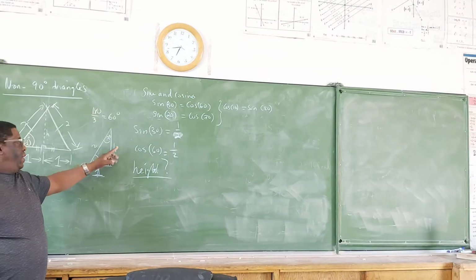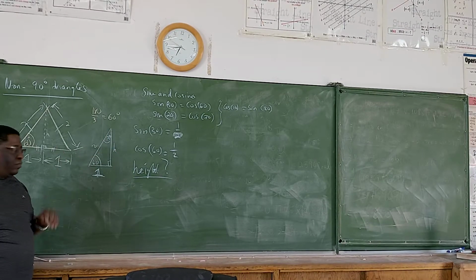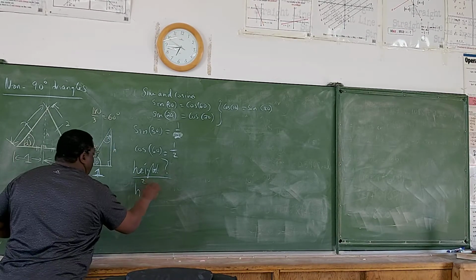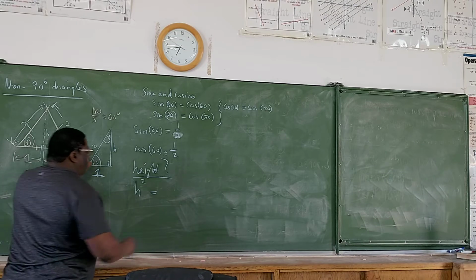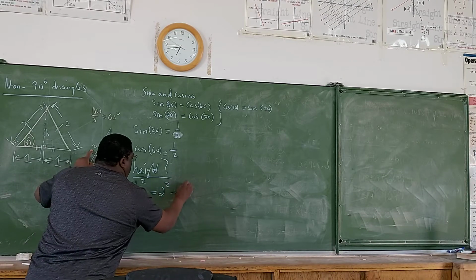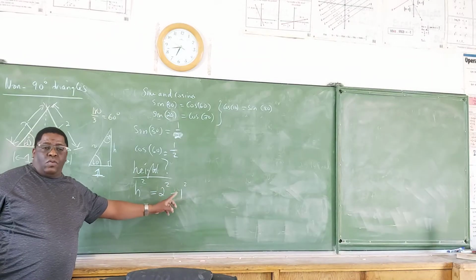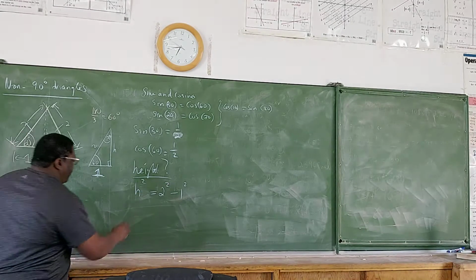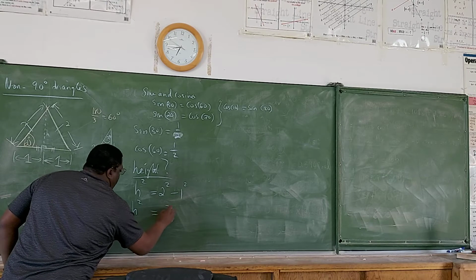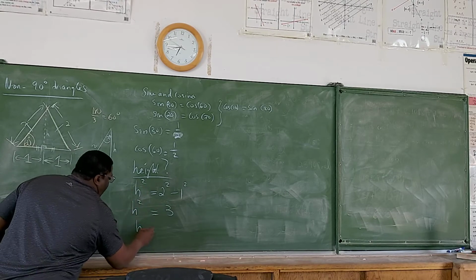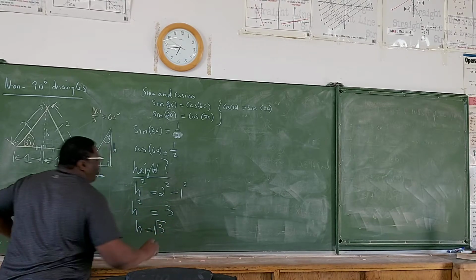That height is going to equal 2 squared minus 1 squared. Are you with Pythagoras? 2 squared is 4, 1 squared is 1, so h squared equals 3. The height of this triangle will always equal root 3.